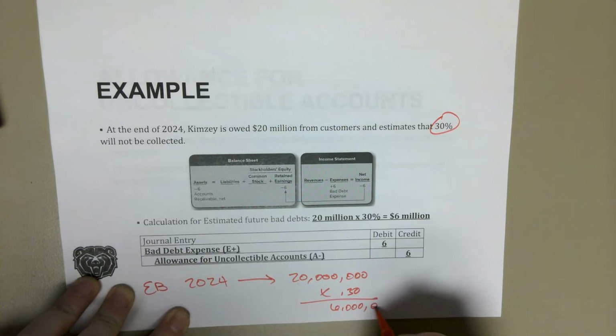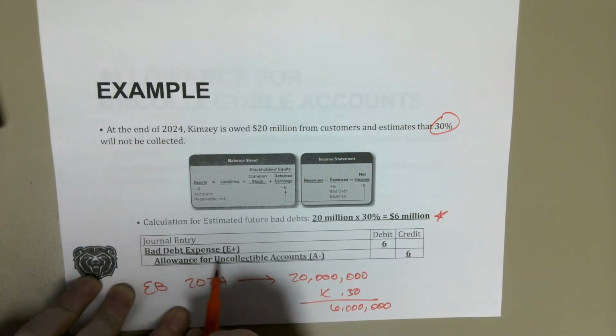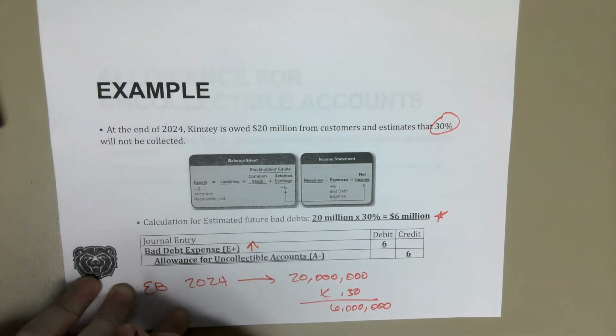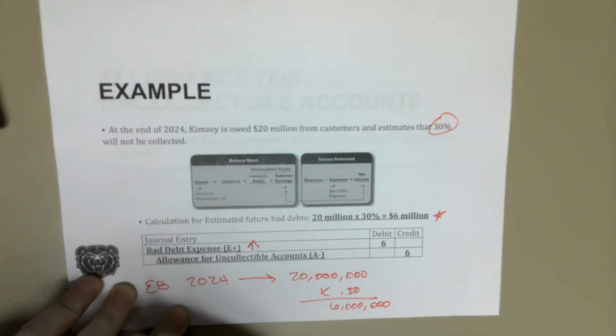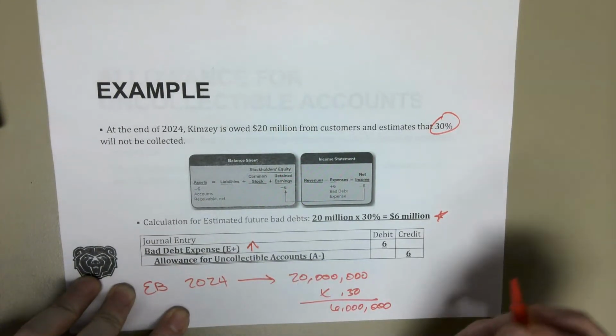Okay? And that's what we've done right here. So we will create a bad debt expense. We're going to increase that expense and say, well, there's $6 million we're writing off. Okay? And we are going to make an allowance for that $6 million.